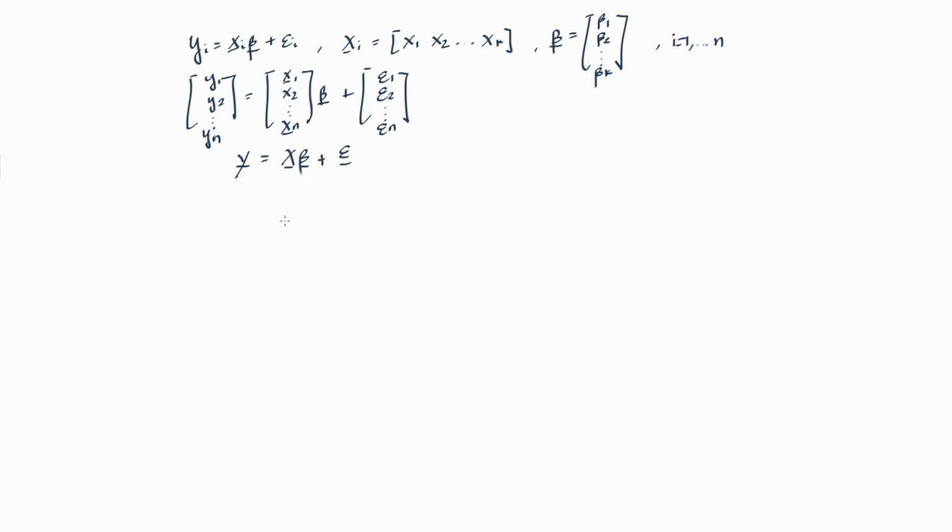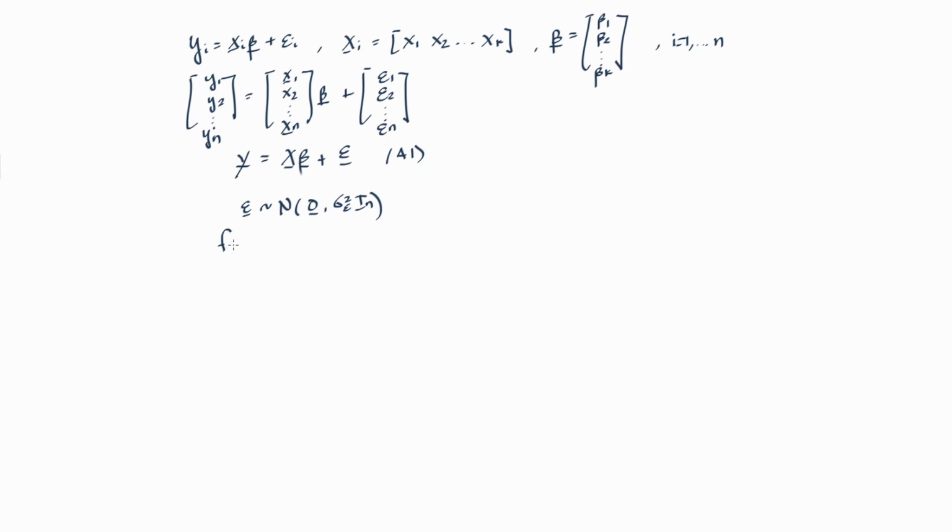Now let's use the maximum likelihood estimation. The first assumption that we need, aside from assumption A1, is the assumption that epsilon is multivariate normally distributed with mean 0 and variance sigma squared epsilon I sub n.